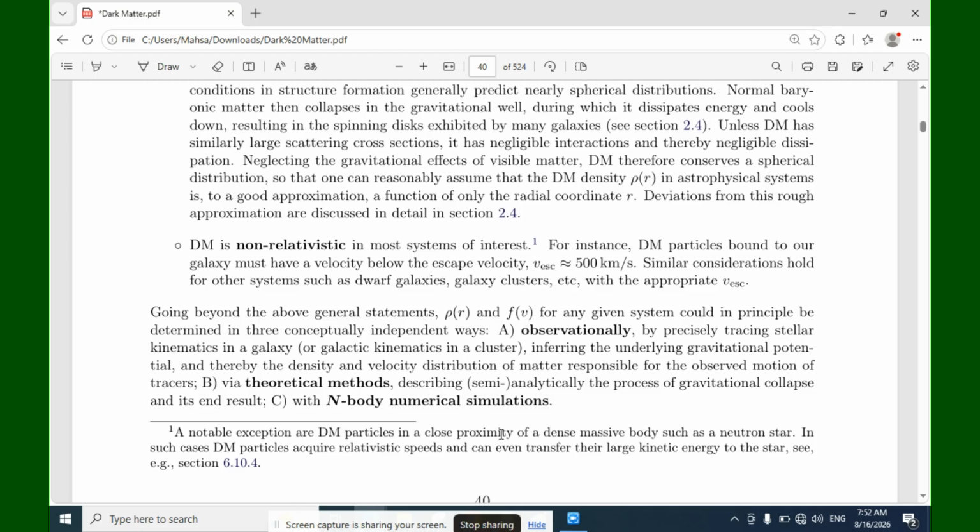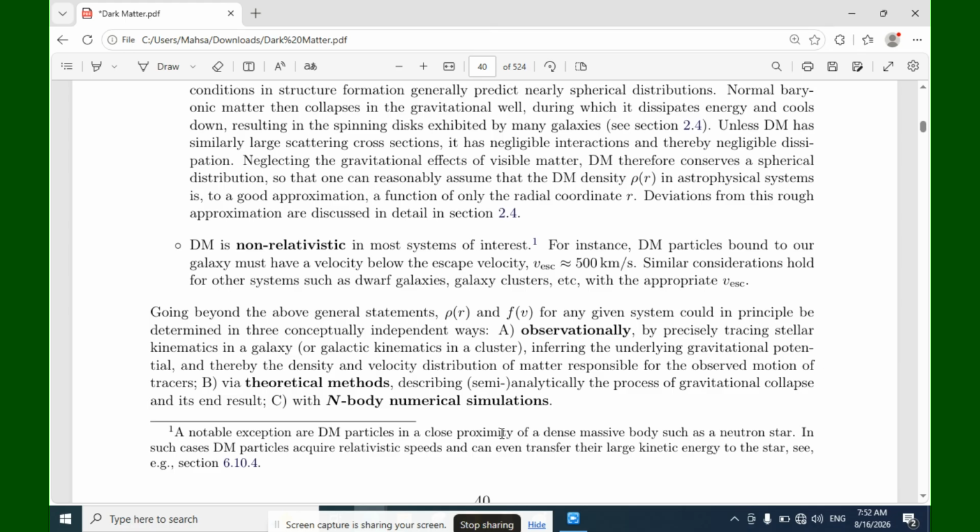Going beyond the above general statements, rho(r) and f(v) for any given system could in principle be determined in three conceptually independent ways. The first is observationally, by precisely tracing stellar kinematics in a galaxy or galactic kinematics in a cluster, inferring the underlying gravitational potential and thereby the density and velocity distribution of matter responsible for the observed motion of the tracers.